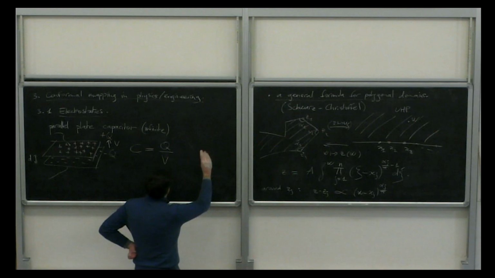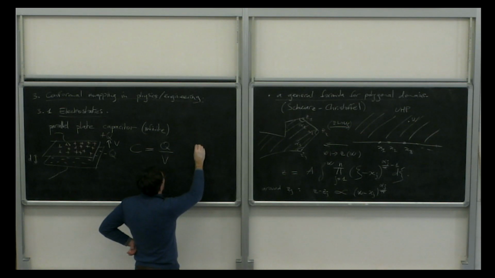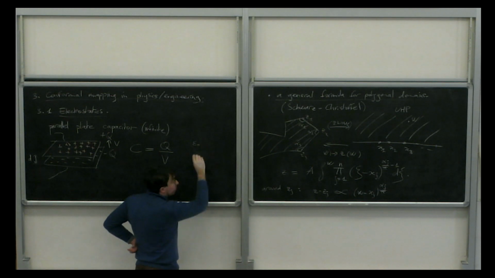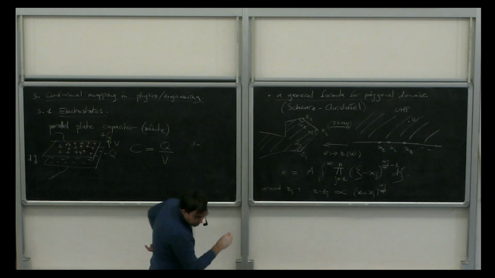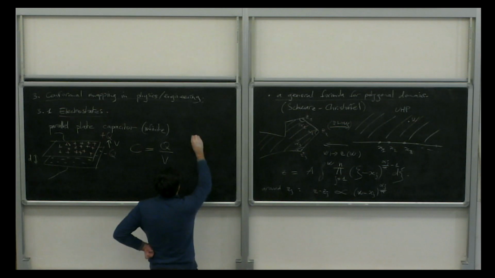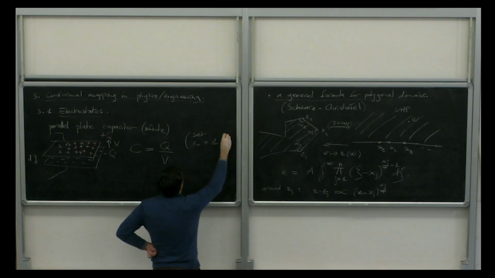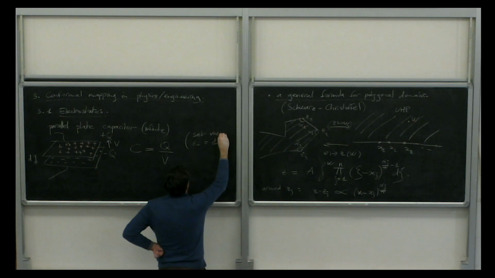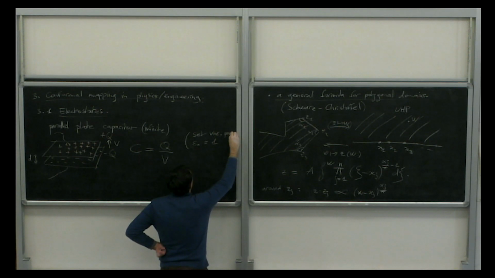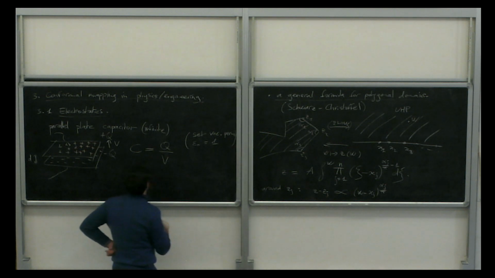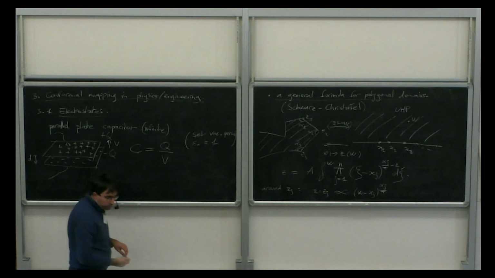I'm guessing you forgot the formula because you have to remember this annoying factor of epsilon naught, which is the vacuum permittivity. So let's get rid of this, and we set vacuum permittivity to 1. So in those units, do you know the result?